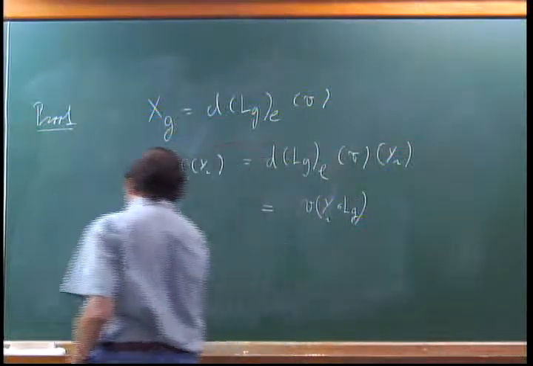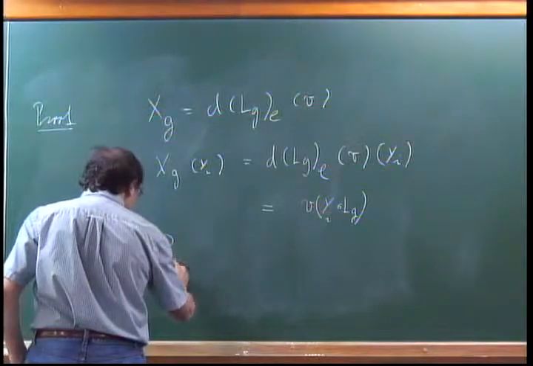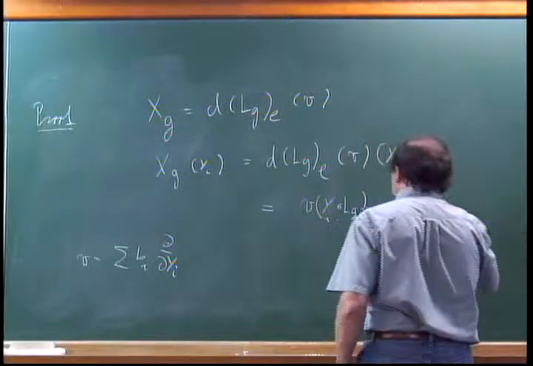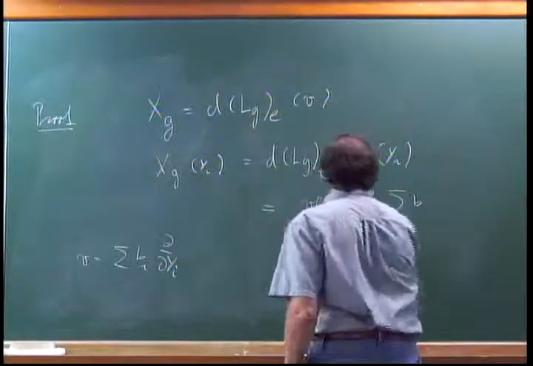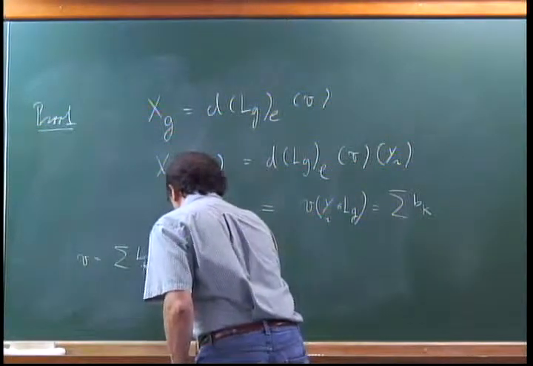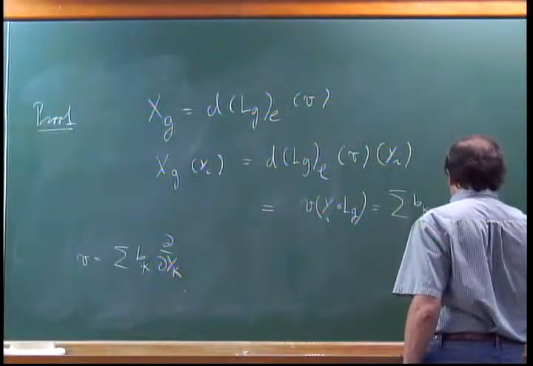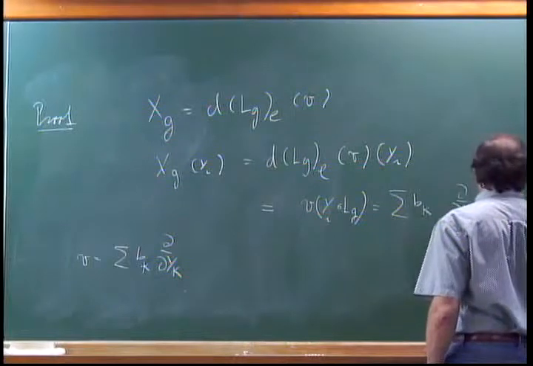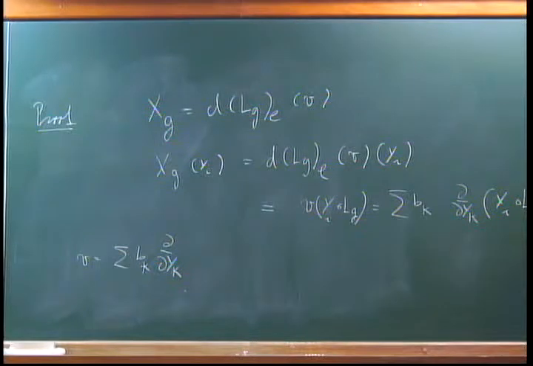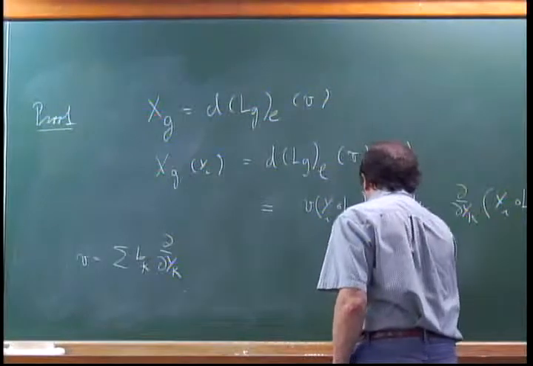So let's write v as summation bi d/dyi in local coordinates. And this would be summation b_k, let's do a different index, k. The name of the index doesn't matter. b_k d/dyk of yi composed with L_g. Well, what is that?